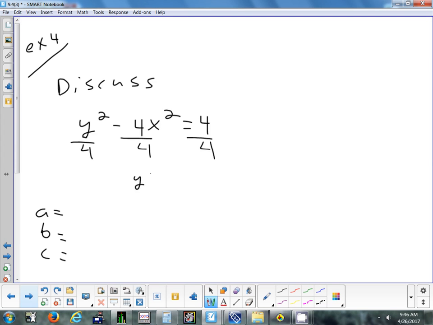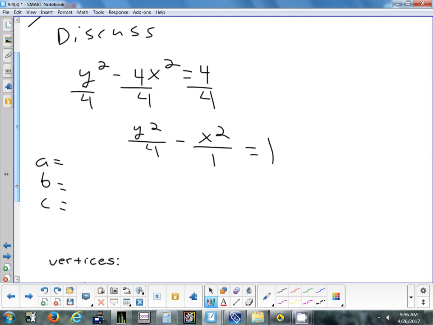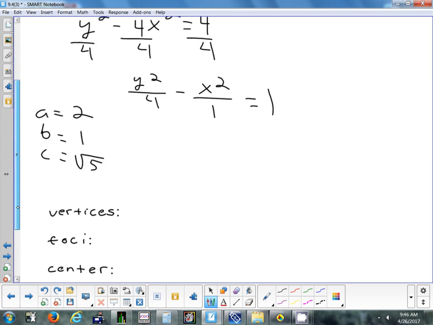So we're going to get y squared over 4 minus x squared. I want to put a denominator just so I have something. What could I put? Put a 1 equals 1. Okay. What's a? 2. B? 1. And then c is the square root of a squared plus b squared, which is the square root of 5. That's all you need to figure out to answer the questions.